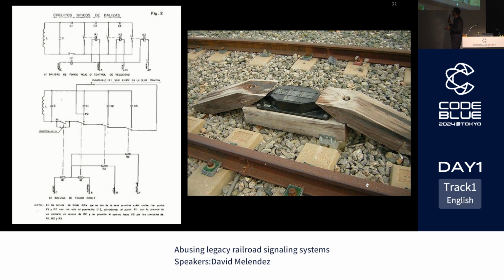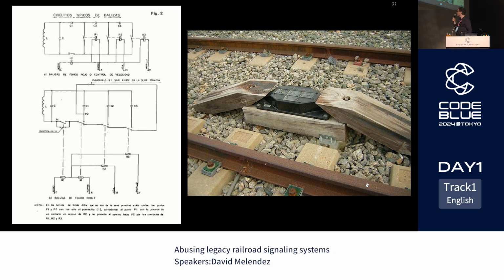So we have a passive LC circuit, and that circuit is resonant at the specific frequency of each symbol. For example, if I want that beacon to mean green, we have to tune the circuit at 60 kilohertz.